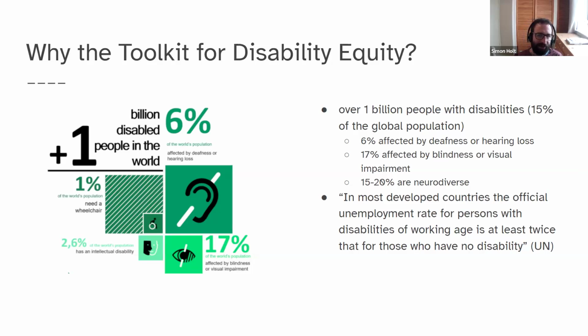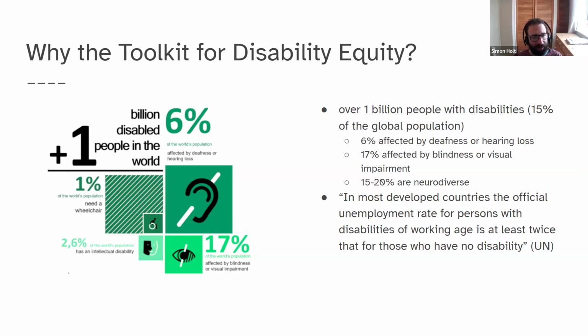And that means that if we think about the kinds of people we interact with in the scholarly communication space, we're not just talking about our colleagues, but also the people who read and author journals and books, it's quite likely that quite a significant proportion of them have a disability.